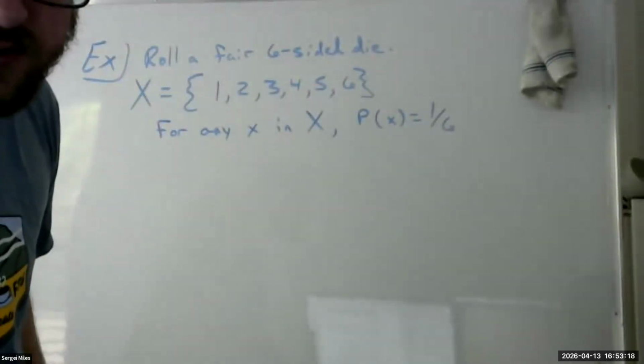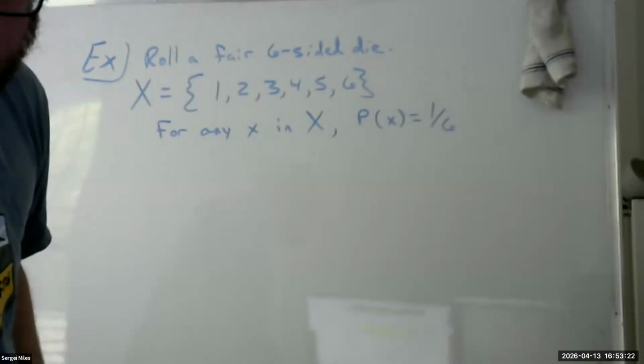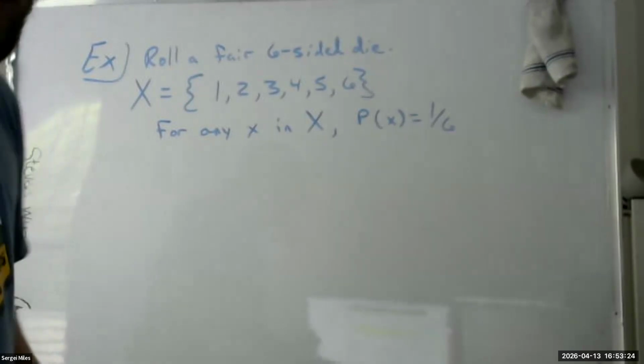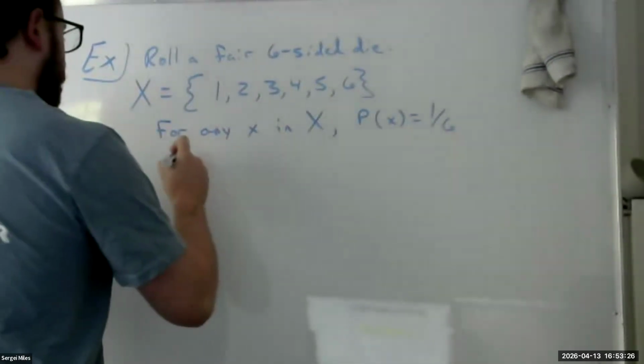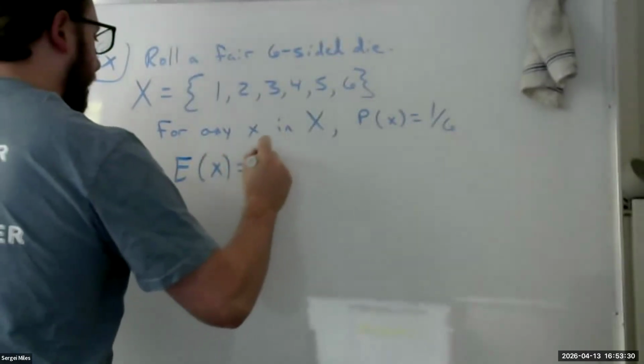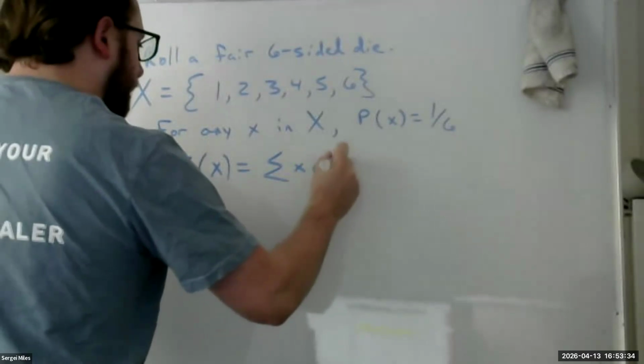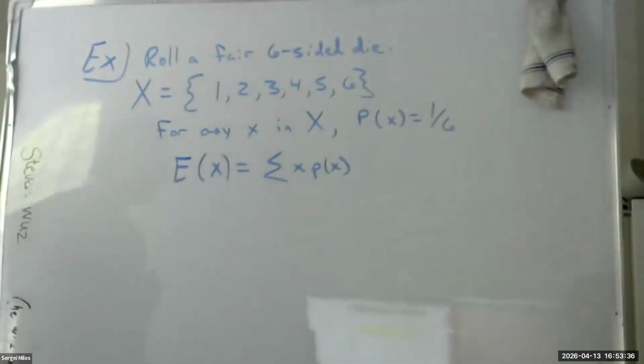But we have a formula for expectation. This is coming to us from, to back up for a moment, we covered this in chapter 4, where the expected value of a discrete random variable could be calculated by summing up each x multiplied with its respective probability.